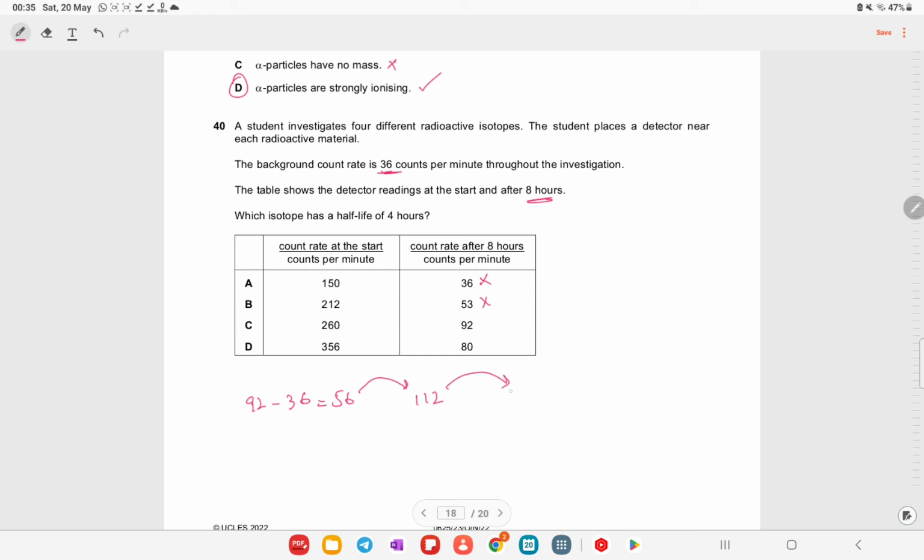Then in the next half-life it was 168, and then it's going to be 224. If you add 224 plus 36, you will end up with 260. So option C is going to be your answer. Yes, this is going to be your answer.